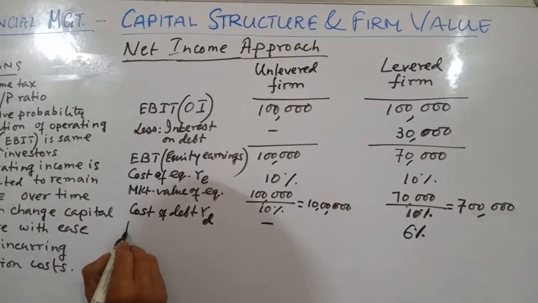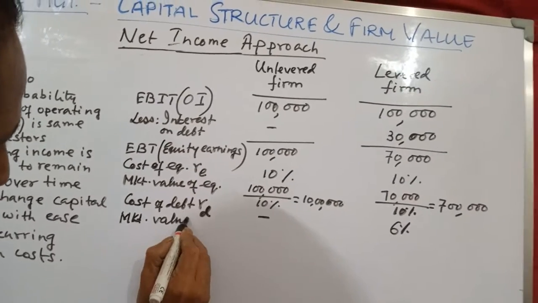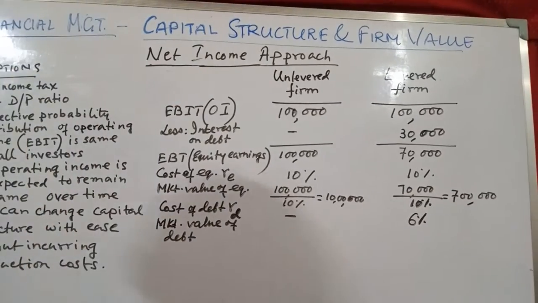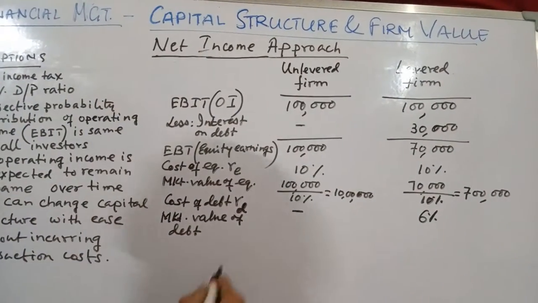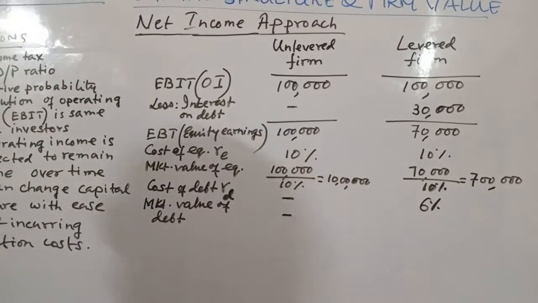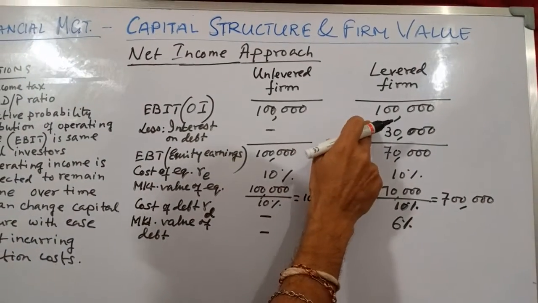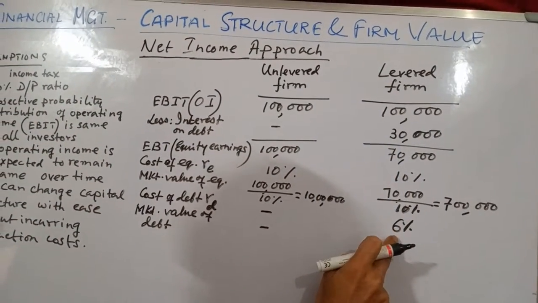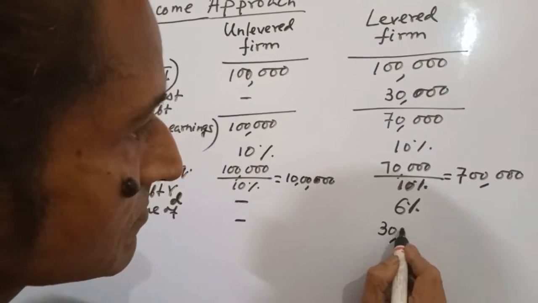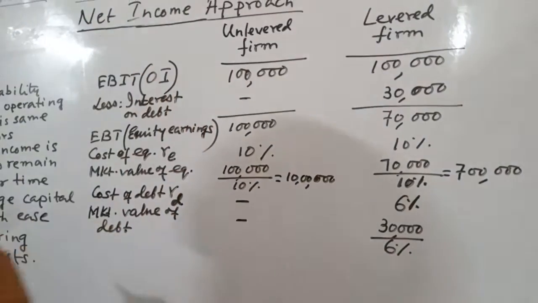Therefore, market value of debt: this firm has no debt, so no market value of debt, and the levered firm's market value of debt is interest paid divided by cost of debt, that is 30,000 divided by 6%.